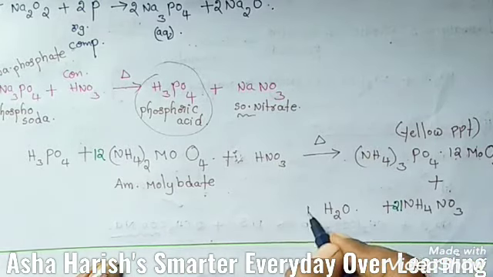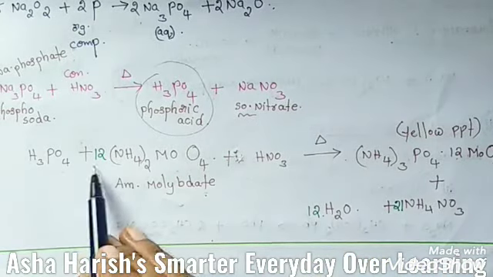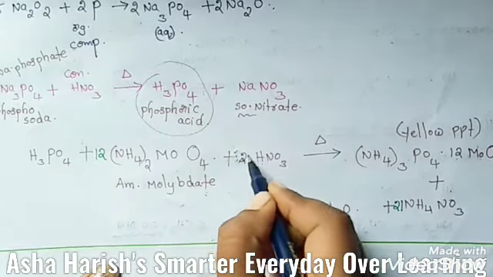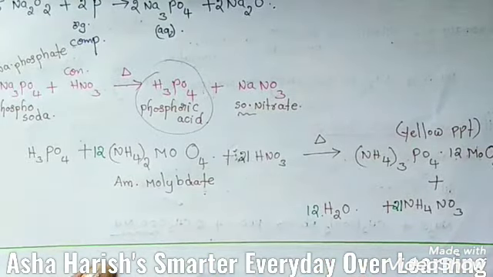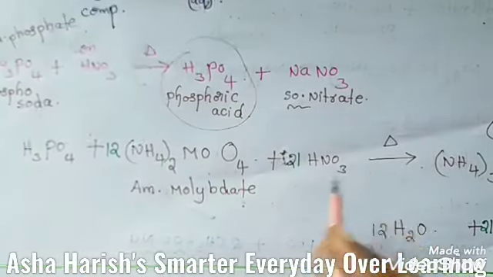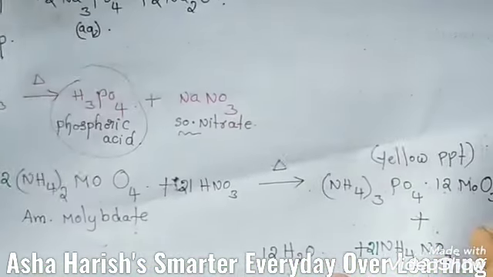And if you place 12 here, and here 21, then here also place 21. Now let's count all the elements. This is the net reaction for the formation of ammonium phosphomolybdate, the yellow colored precipitate.